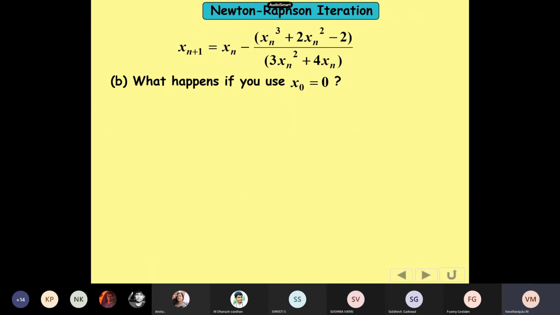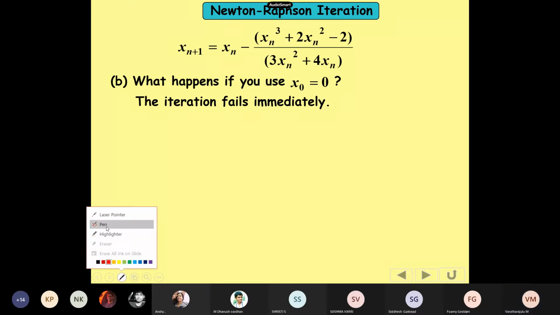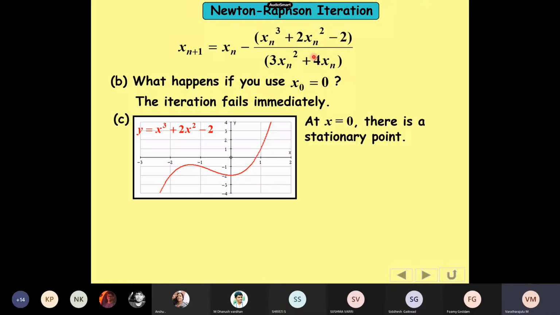While continuing this exercise with the initial iteration value as 0, the iteration immediately fails because the lower term becomes 0. See, this is the graphical representation. Is anyone willing to draw this diagram manually, or with the aid of Excel? Anyone interested in our group?